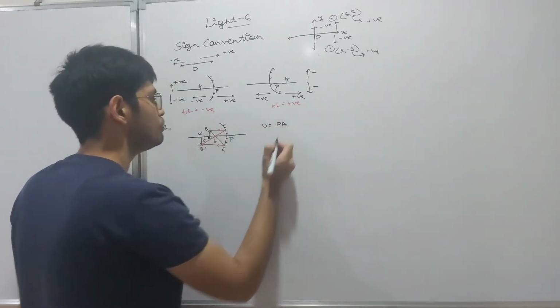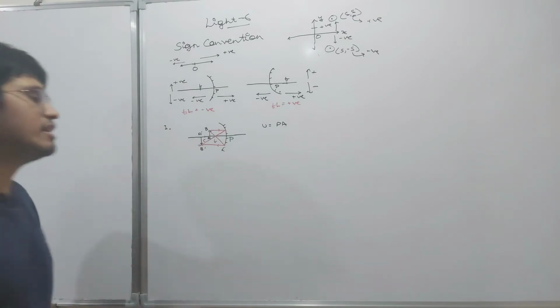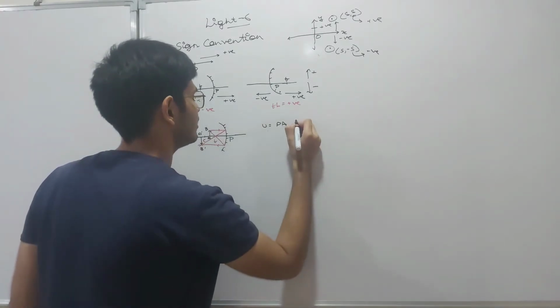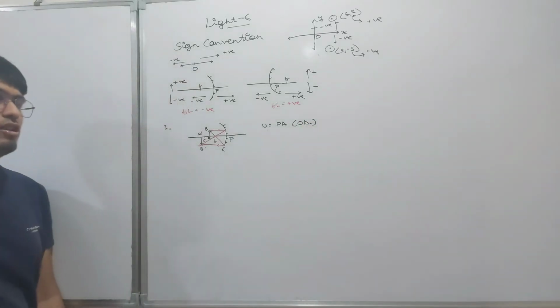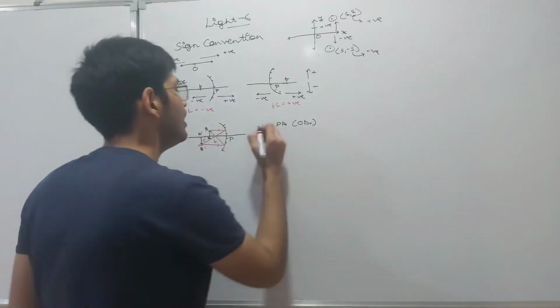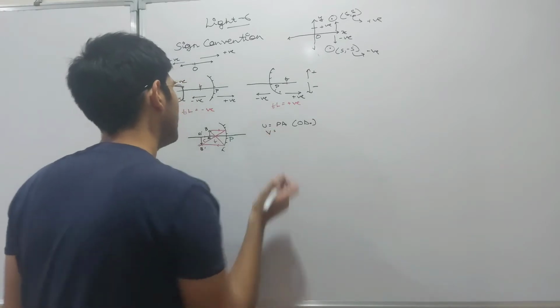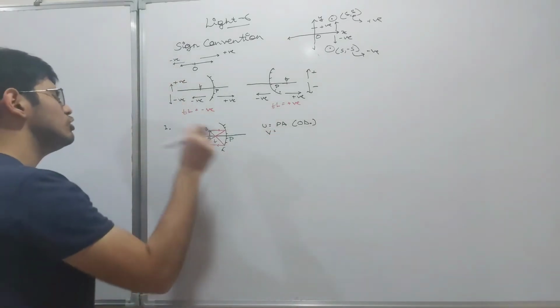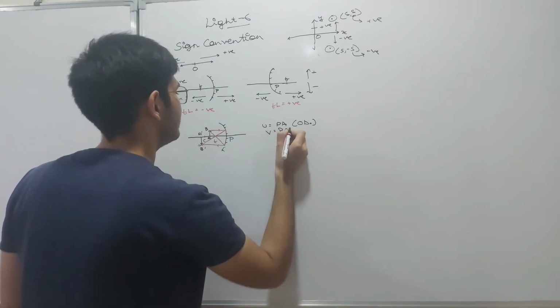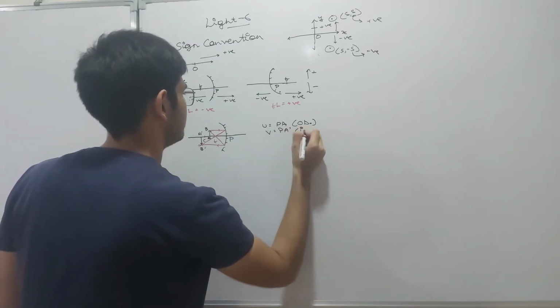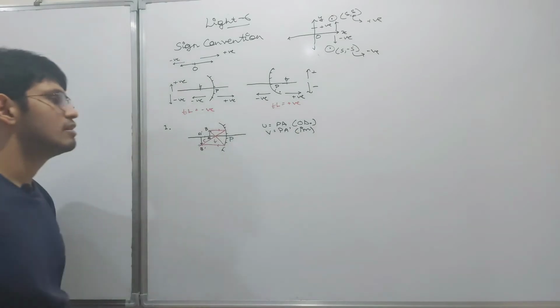U is the object distance, and the image distance is denoted by V. The image distance is PA dash. You can write it like this, image distance.